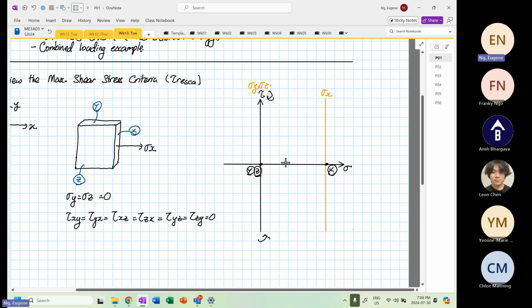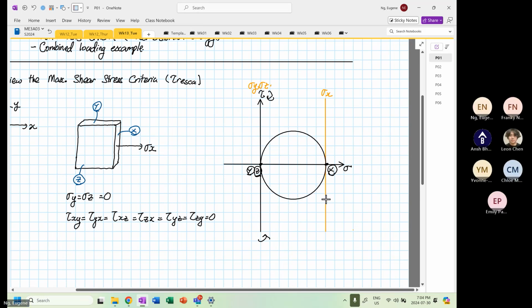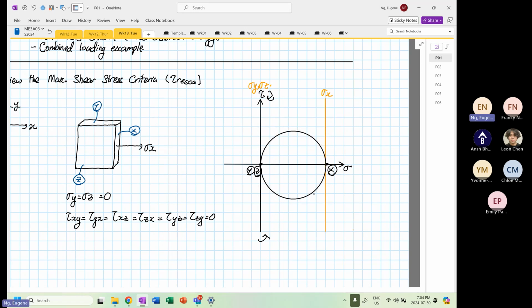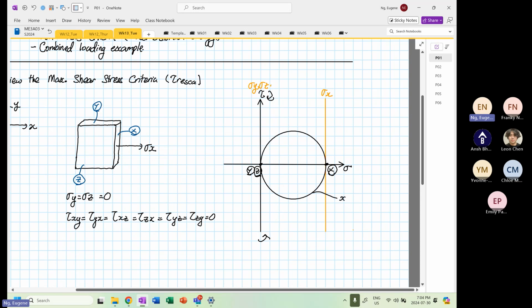And this single circle represents all three planes. Okay. So this circle that you see down here represents all three planes. So this belongs to our XY plane. This circle also belongs to our XZ plane, and it also belongs to our YZ plane.